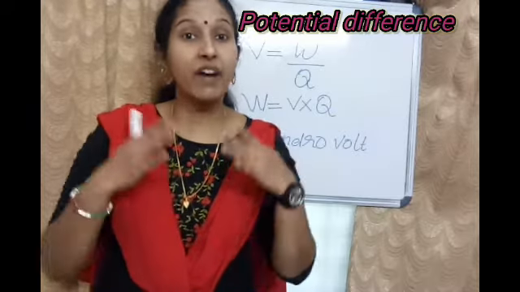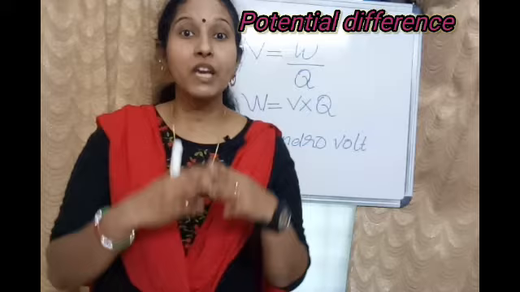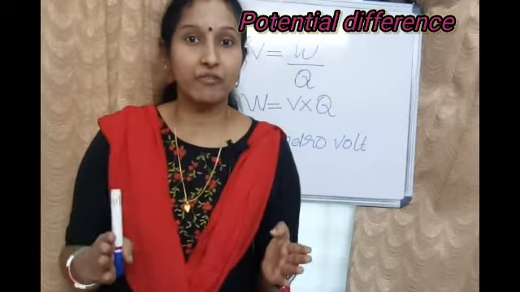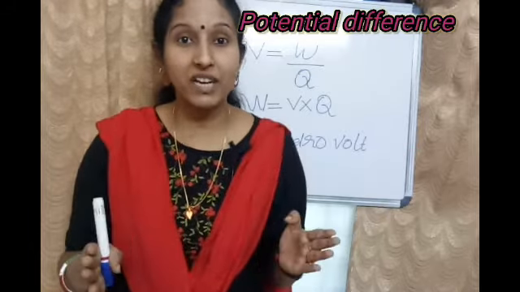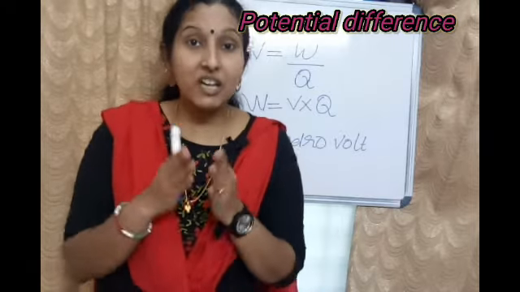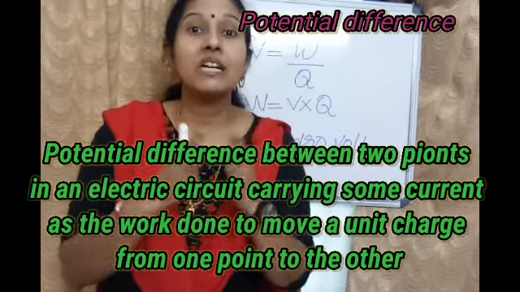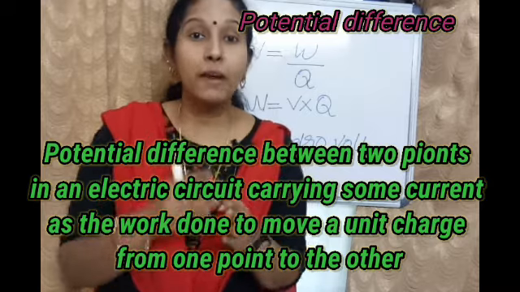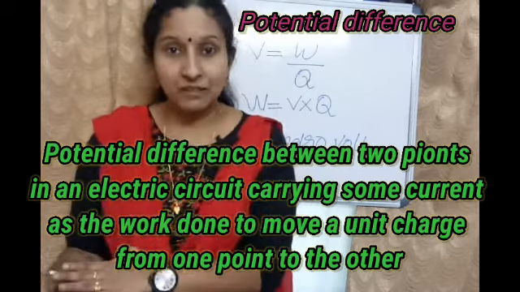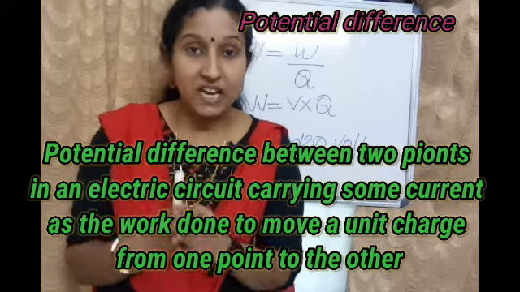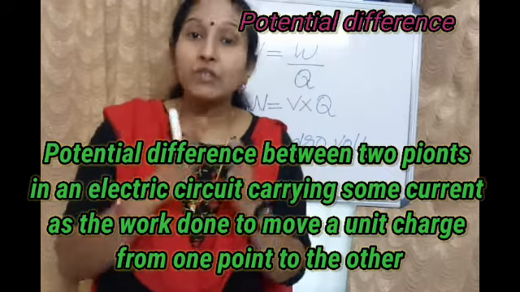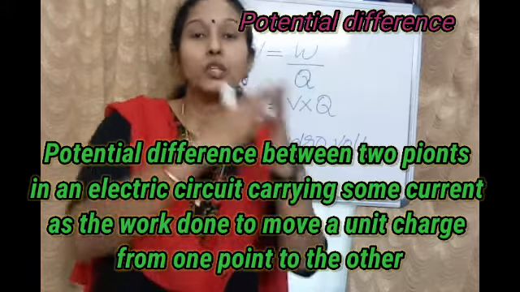Okay, then how do we define potential difference? We just discussed the meaning of potential difference, but we didn't give a definition, right? Potential difference is the work done to move a unit positive charge from one point to another.